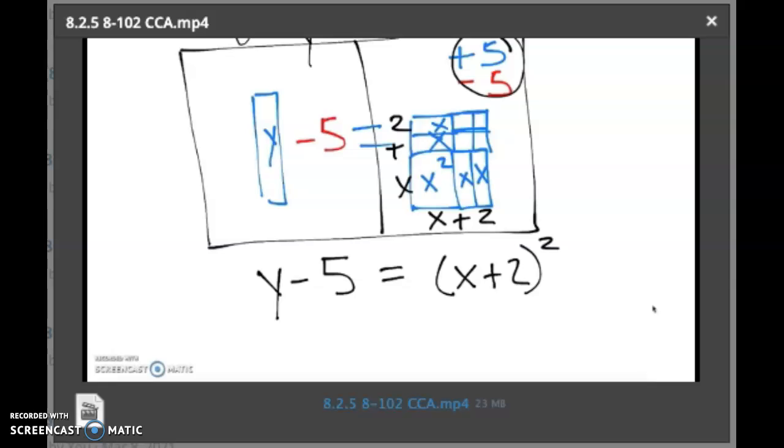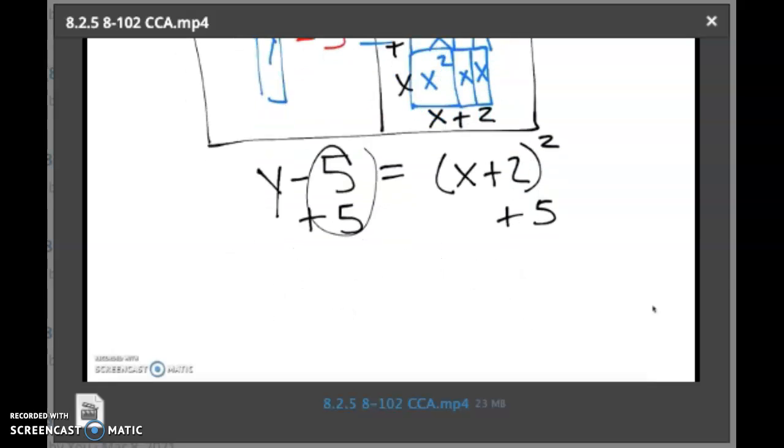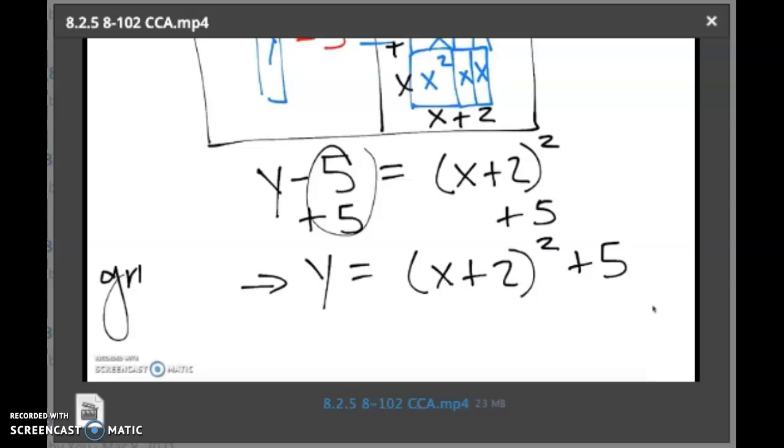And then now I need to get my y alone. So I'm going to add 5 to both sides. So I get that y equals x plus 2 squared plus 5. So this is my graphing form.